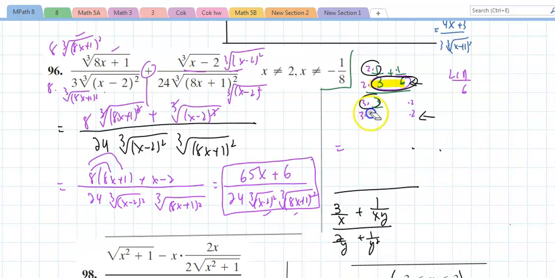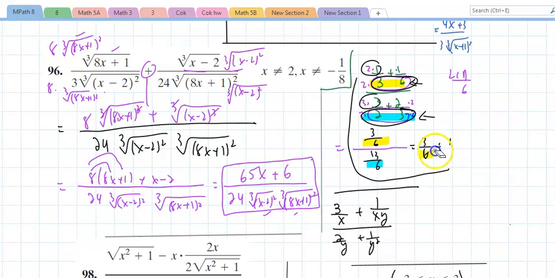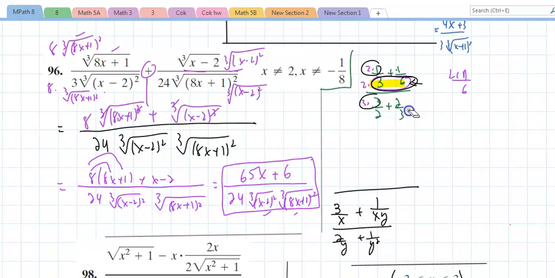I could save myself all of this work. And I could say, you know what, from the very beginning, I could have really not written all of that stuff. Since I know the denominators are going to cancel out, all I have to do is make sure that all of these are 6s.